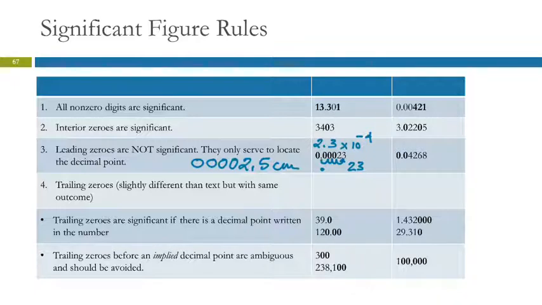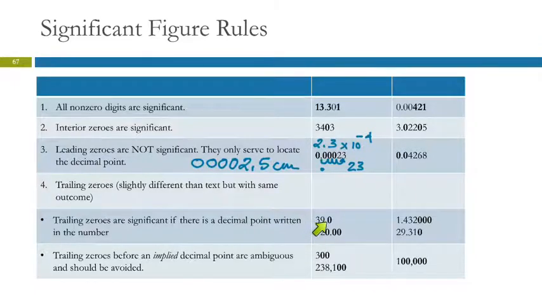Trailing zeros. The explanation I'm giving here is slightly different than what's given in the textbook because this is what makes sense to me. It will get you the same result, so use whatever method works. Trailing zeros, we're going to count them as sig figs if there's a decimal point physically written in the number.